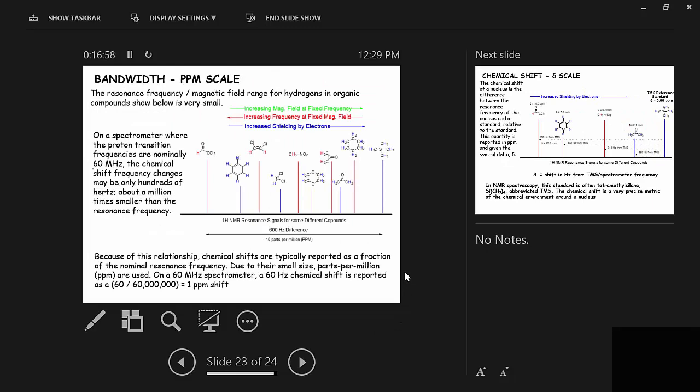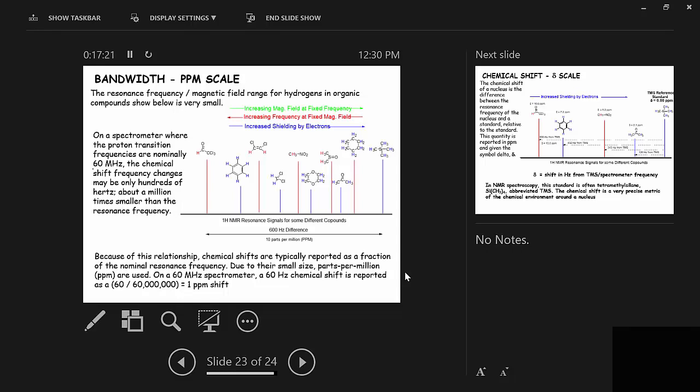So here's some examples of this. Over here we have, this is called tetra, what are these? Methyl. Tetramethyl, and this is silicon. So we call this tetramethylsilane, or TMS.